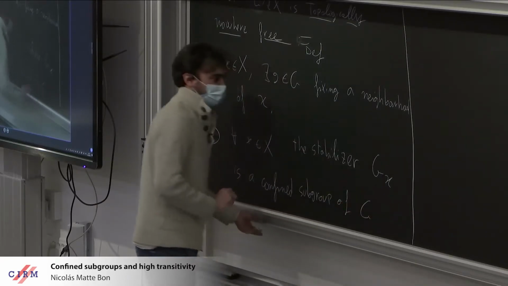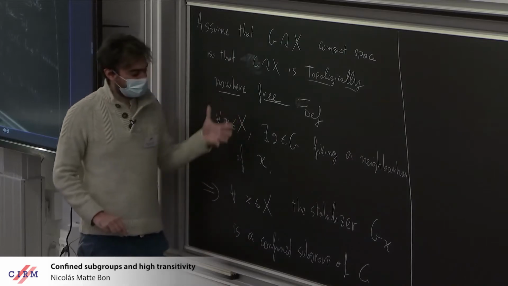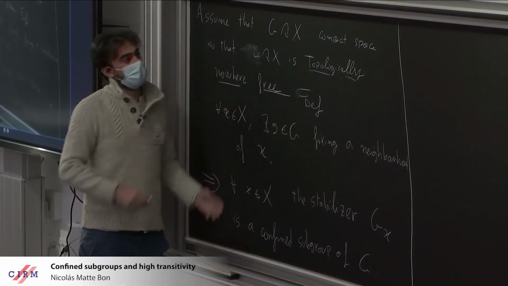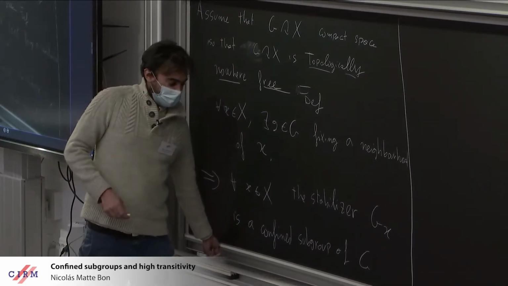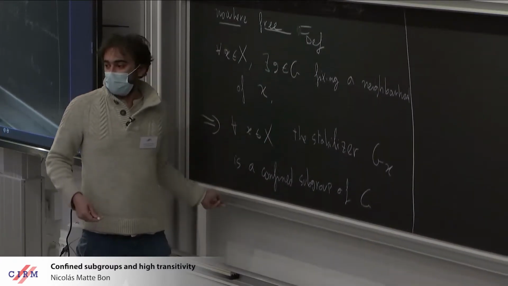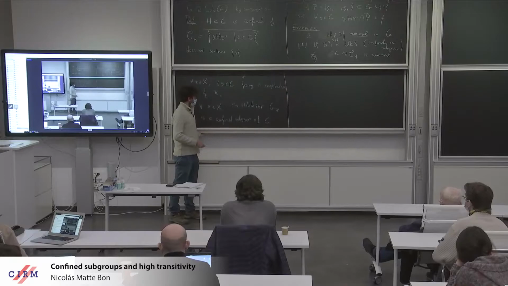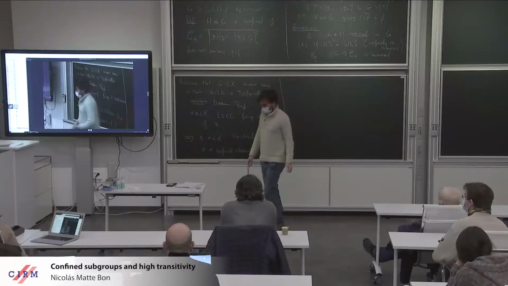So whenever you have an action on a compact space which is non-free in a strong sense, its stabilizers must be confined subgroups. This is just an exercise from that definition. And for minimal actions, this is equivalent to the fact that the action is just not topologically free.